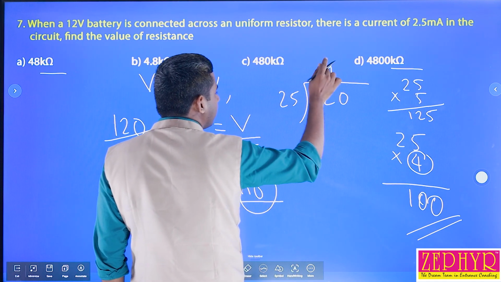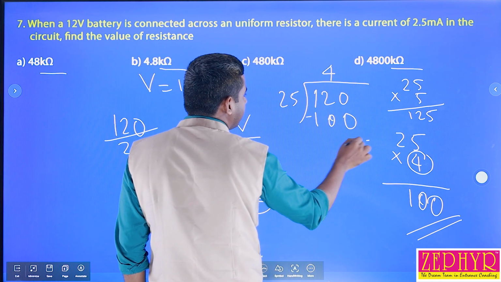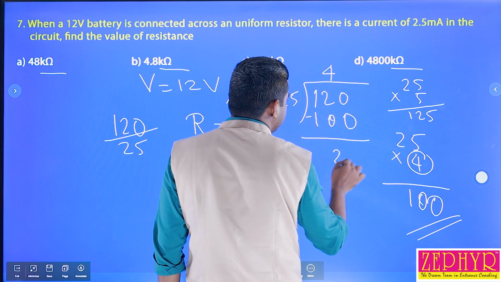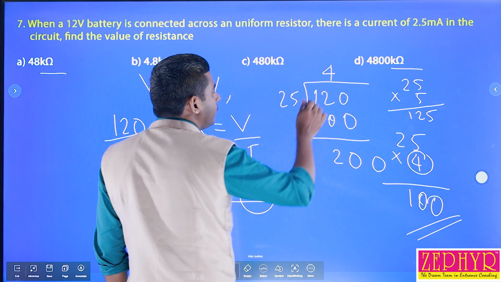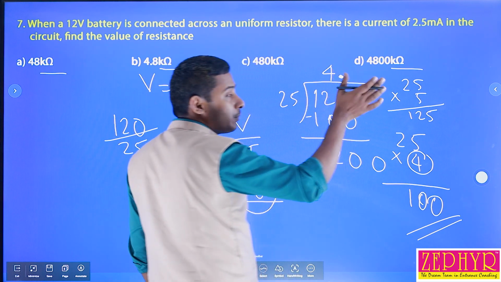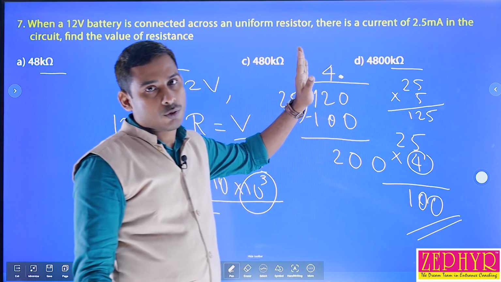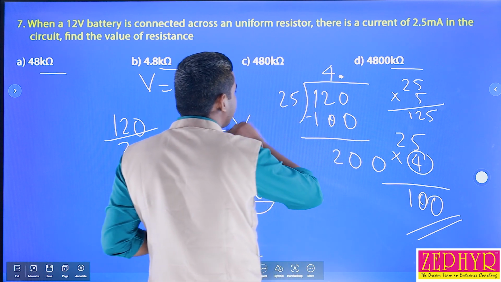So, 4 into 25 becomes 100. Then 120 minus 100, that means 20, we put 10 like this. That means you have to consider one decimal place in the answer side also. In 200, how many 25 do we have?